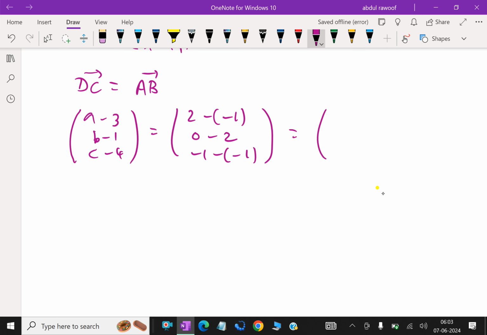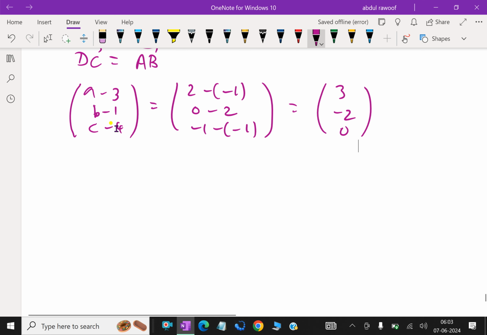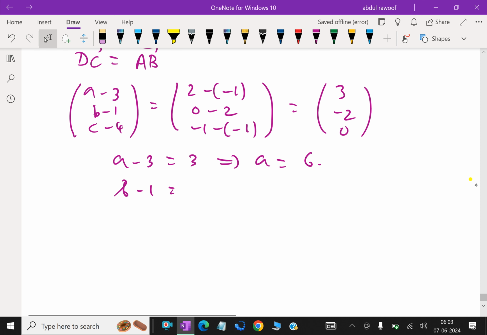Here simplify: 2 plus 1 is 3, 0 minus 2 is minus 2, and minus 1 minus 1 is minus 2. So here a minus 3 equals 3, which gives a equal 6. b minus 1 equals minus 2, which gives b equals minus 2 plus 1, which is minus 1.